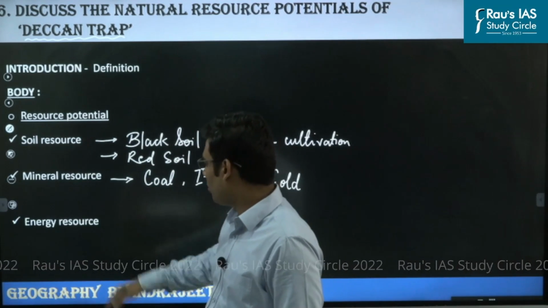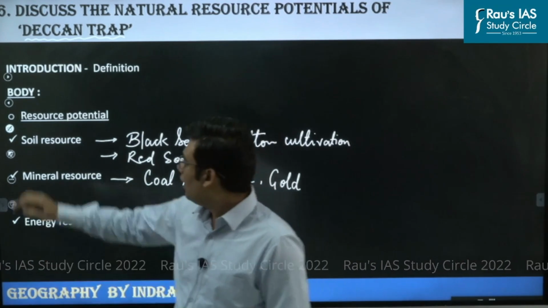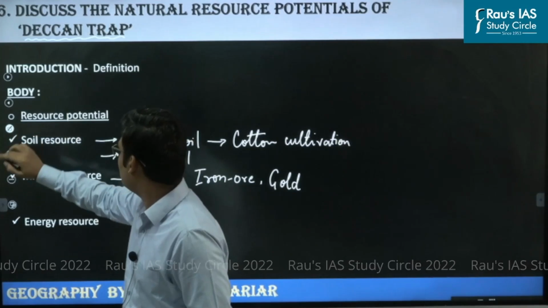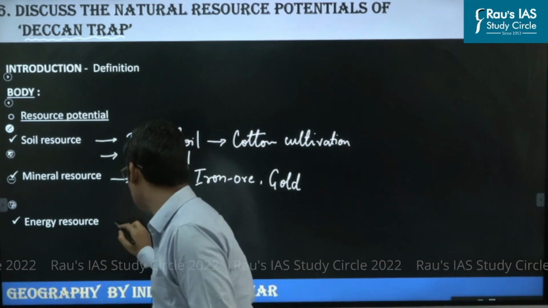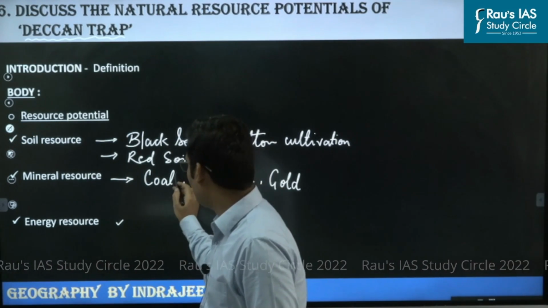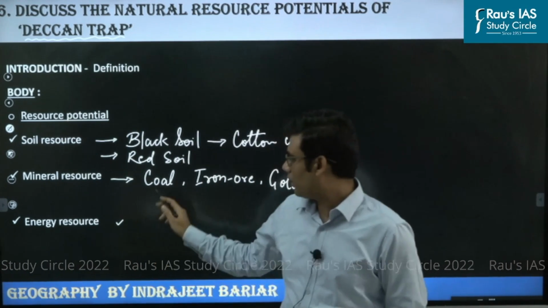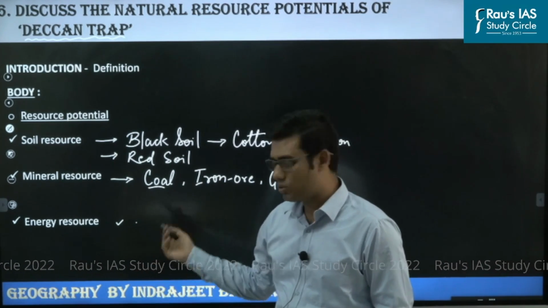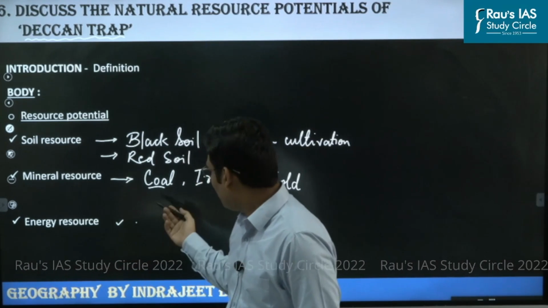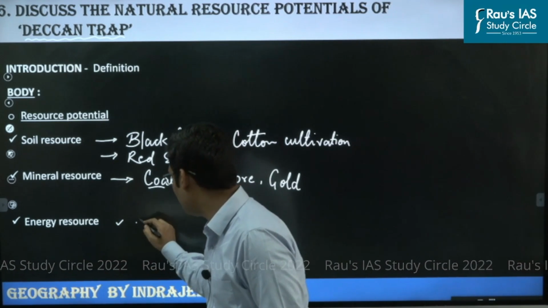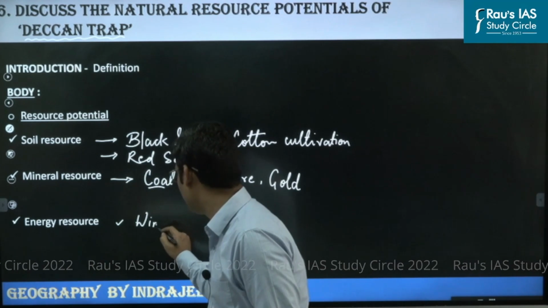After that, we'll talk about energy resources. In case of energy resources, what can we think of? If you want to write coal, you can write it here, or you can put it over there also. It doesn't matter. Beyond that, we can talk about, let's say, wind energy.